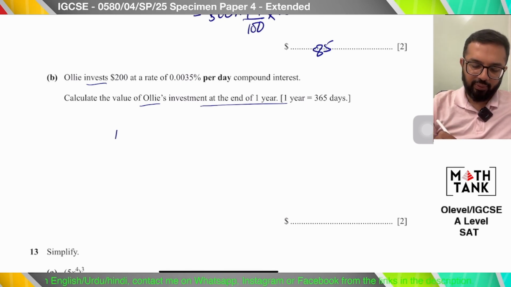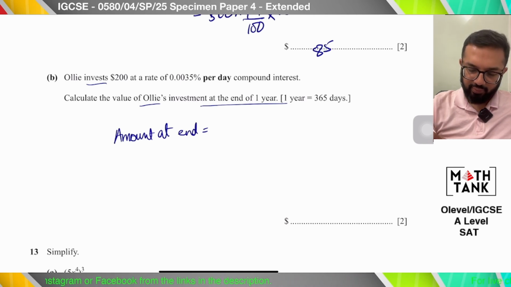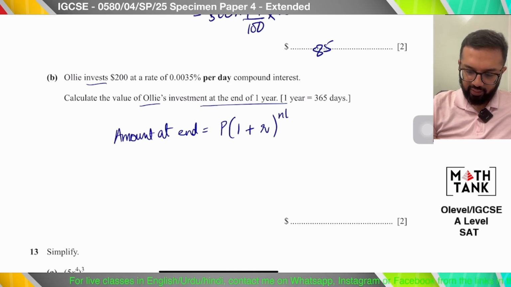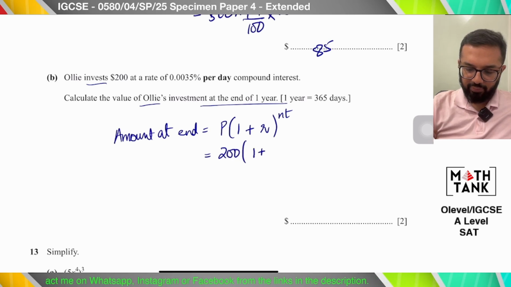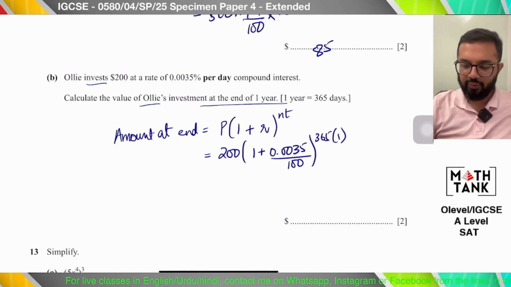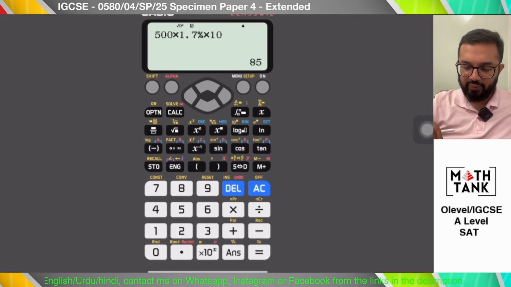So the formula for compound interest is amount at end P (1 plus R)^(nT), where R is the rate per compounding period, n is the number of compounding periods, and T is the time in years. Okay, see if we get the correct answer.